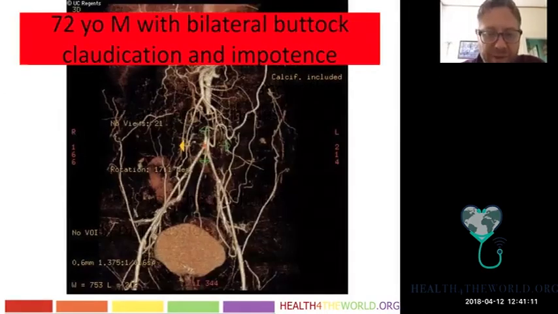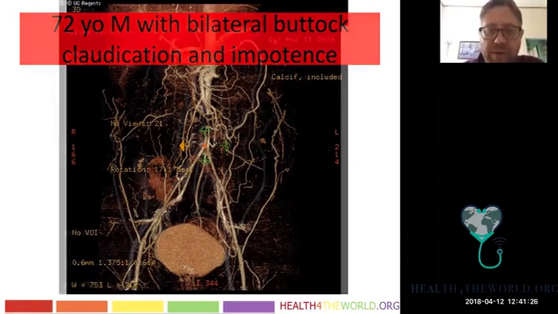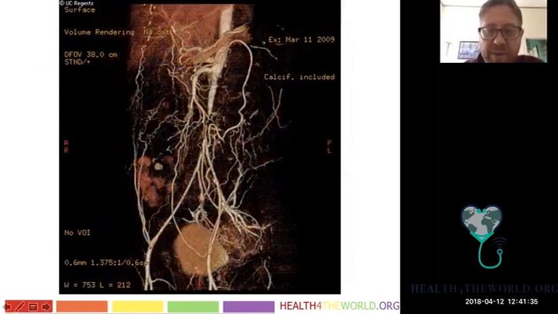How about this patient? This is another interesting example of a very important collateral path in the setting of aortic occlusive disease. This patient had buttock claudication and impotence. And you can see that if I go through this volume rendered CT, here's the superior mesenteric artery, here's the abdominal aorta, and you can see that it starts to taper shut right here.